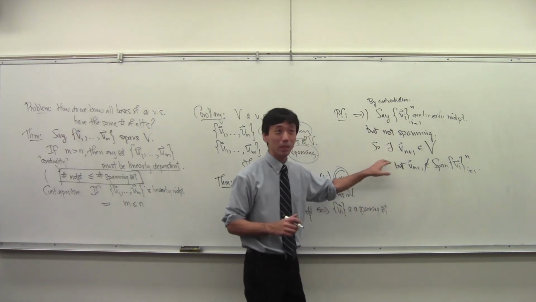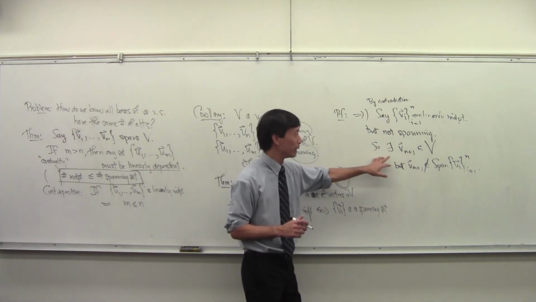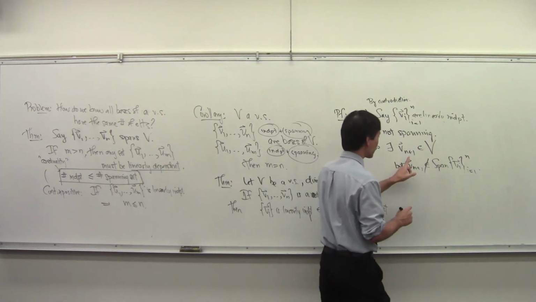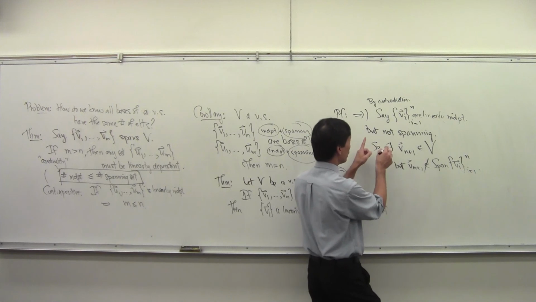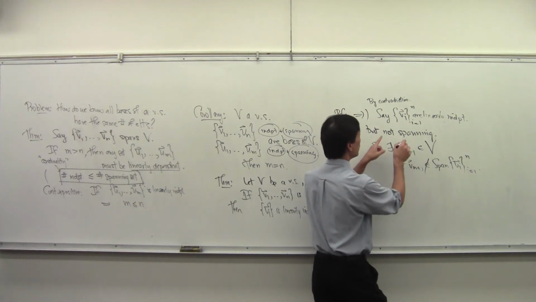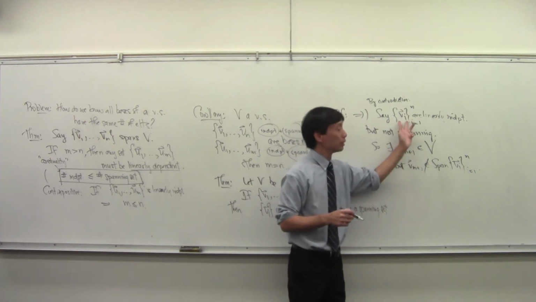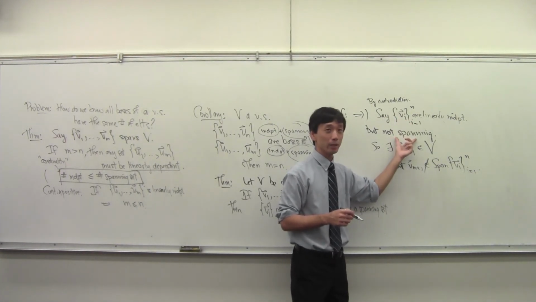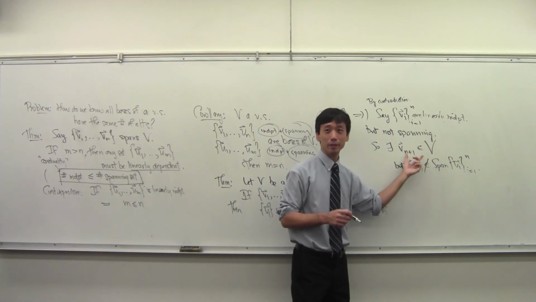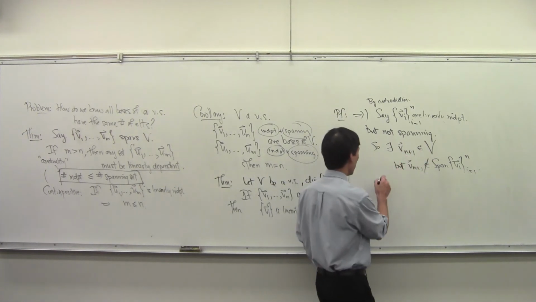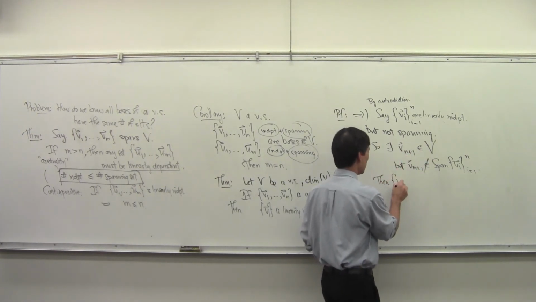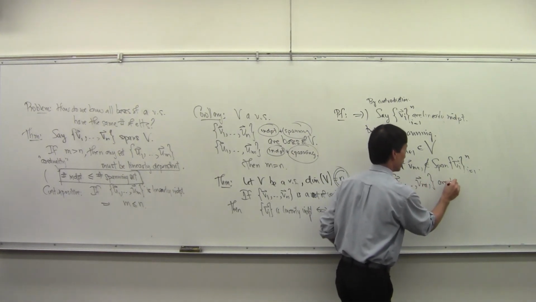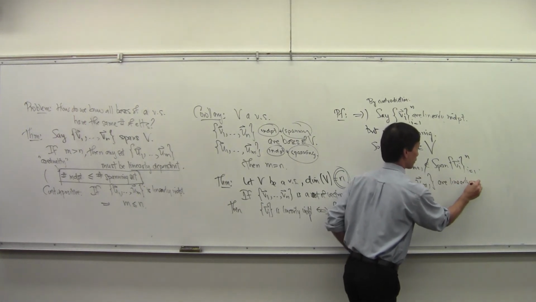Okay, since we're running on negative time, think like this. Suppose these guys are linearly independent, but not spanning. Then there's somebody who's not in their span, but then these guys, V1 to Vn plus 1, are linearly independent.